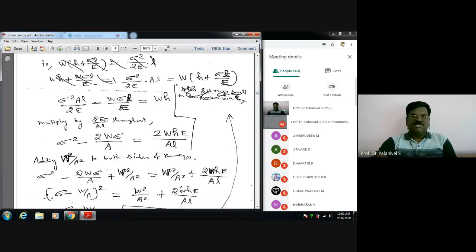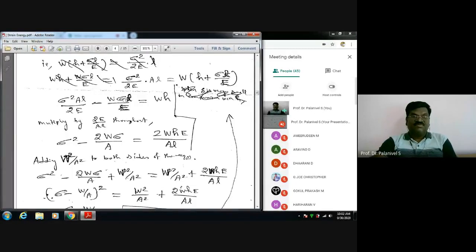Now we have to modify this equation. In an equation you can multiply or divide both sides with any term, a mathematical law you know very well. According to our requirement, multiply by 2E by AL throughout, because I want to get the expression for sigma.